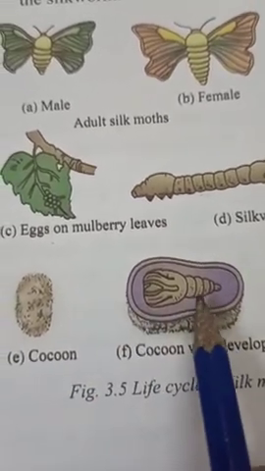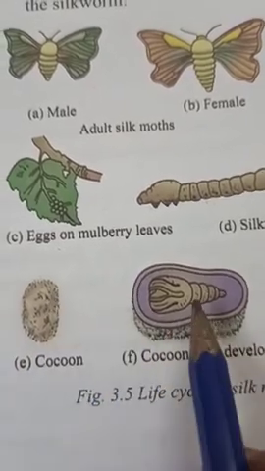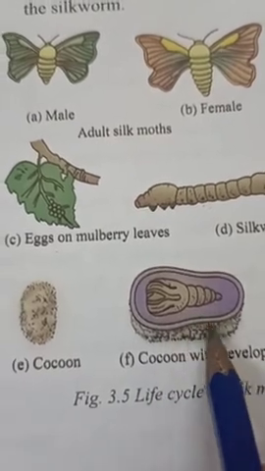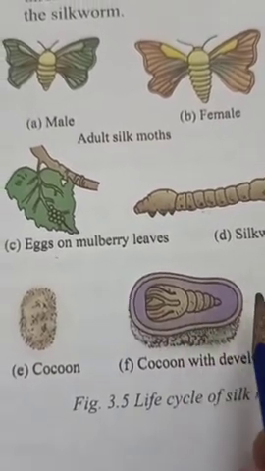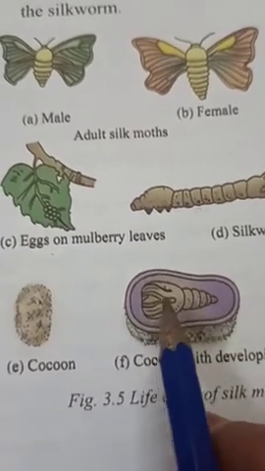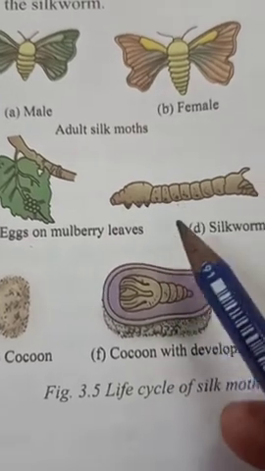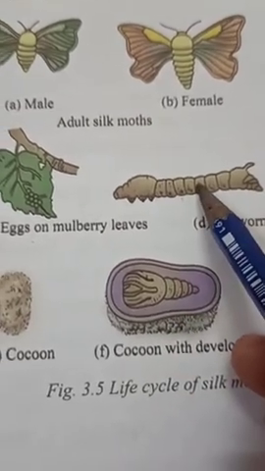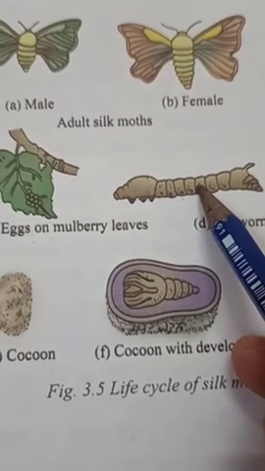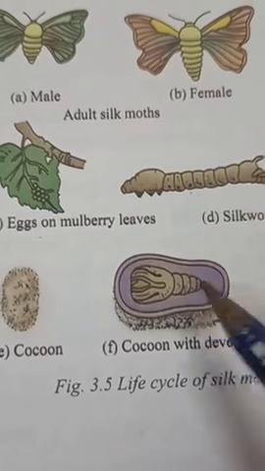They have shown this stage inside the pupa. This is actually a cocoon, and when they dissect this cocoon, we can see this kind of structure. From the larva, when it wraps itself inside the cocoon, it will change into the pupa stage.